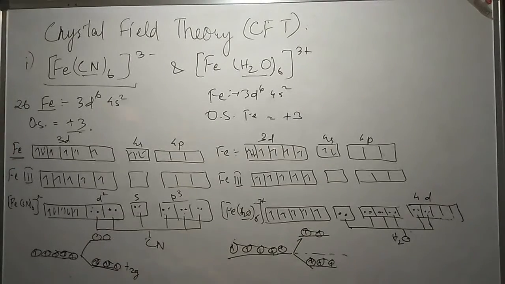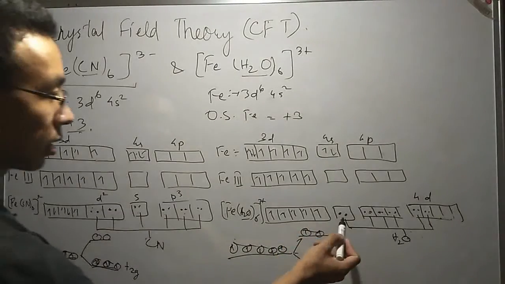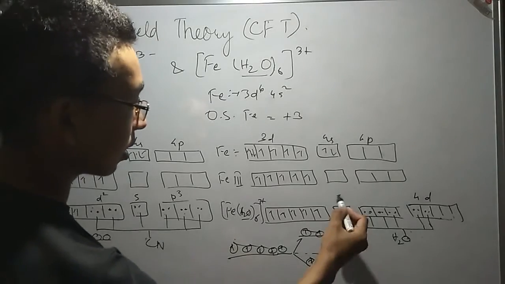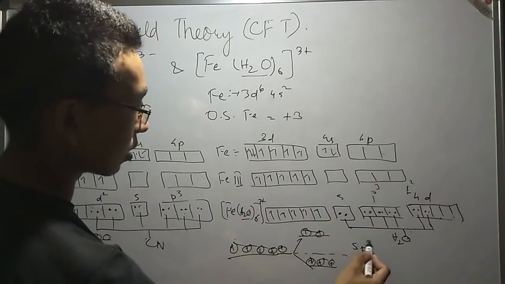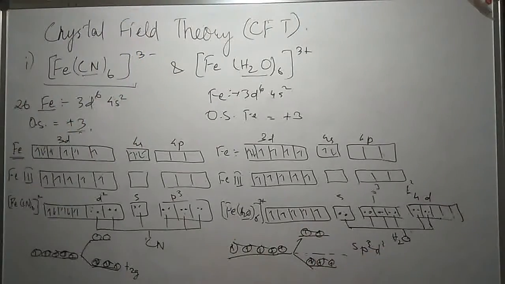And here it will be outer, sp3d2, so 6 sp3d2 hybridized orbitals will be formed, and that is how we come to know regarding the outer and inner orbital involvement for the hybridization of the d orbital.